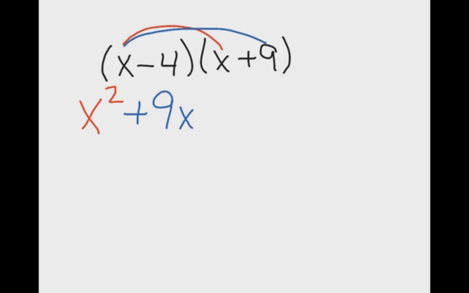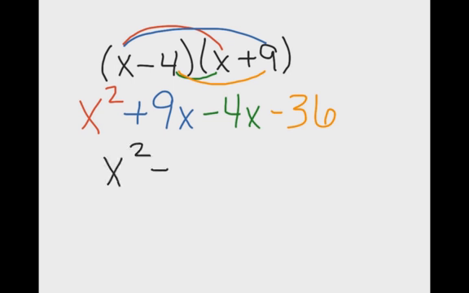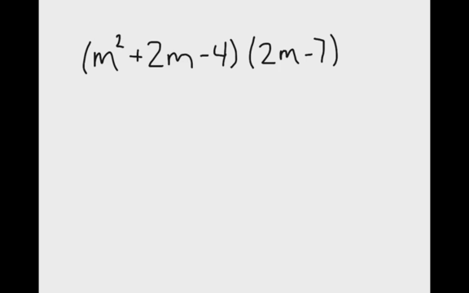Then our inner terms to get a negative 4x. And then the last ones to get a negative 36. And then combine our like terms, x squared plus 5x minus 36.